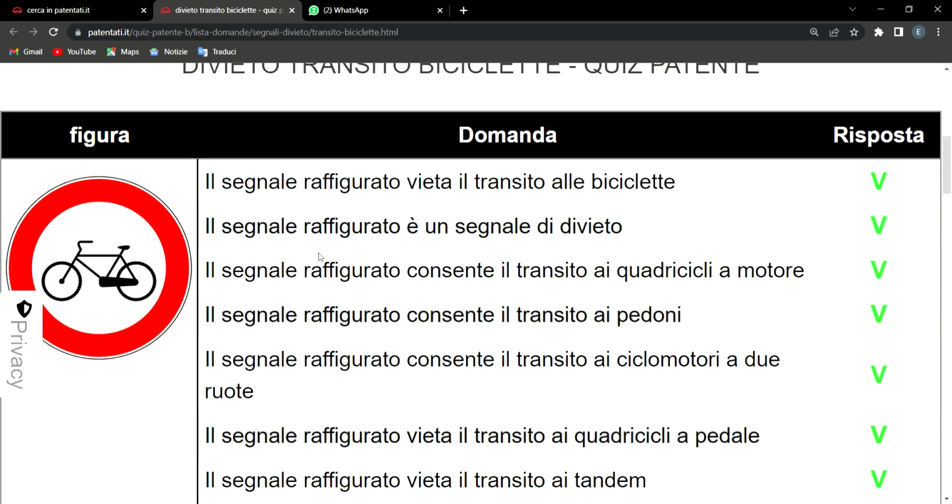The question says the sign permits the transit of quadricicli a motore, and it's vero. Quadricicli a motore is more like a motor vehicle which has a lower engine than the normal car. So it's vero. This sign permits the transit of every other vehicle except the bicicletta, which is the bicycle.